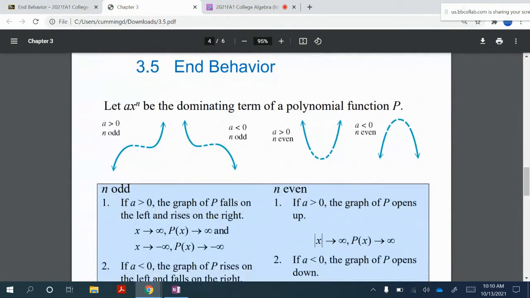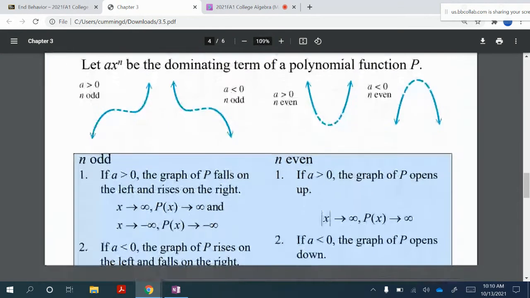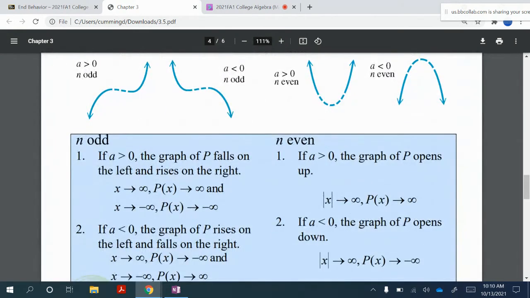Now, since we talked about the dominating term, it says let a times x raised to the nth power be the dominating term of the polynomial. From this point, I'm going to break off to OneNote for just a second.